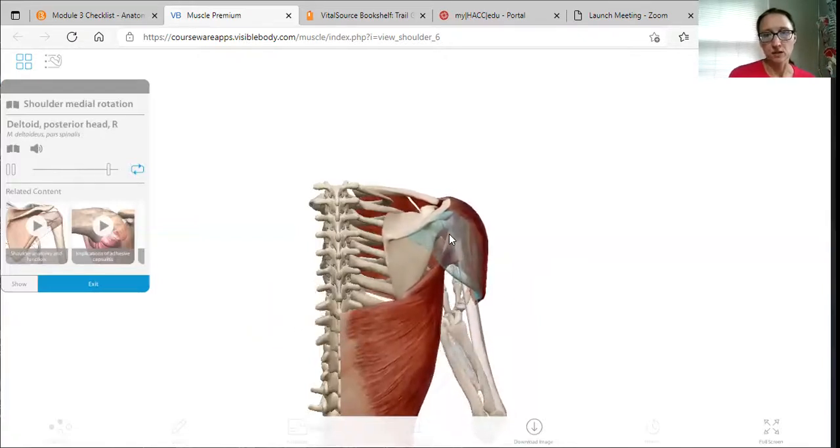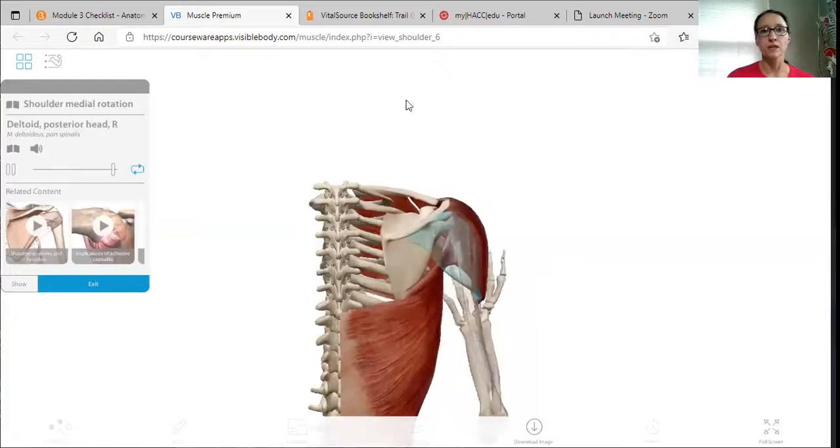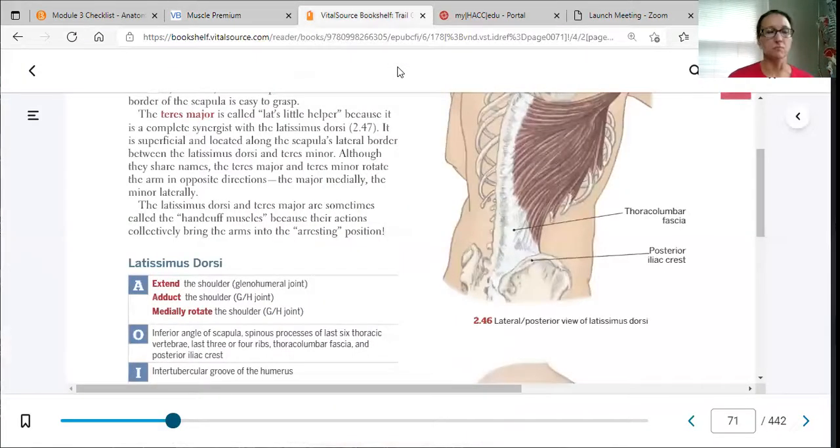Right here is what we're talking about. It pulls this way into medial rotation, okay? Now that was just kind of hard to visualize as well, but it's fine. We can palpate it in class.